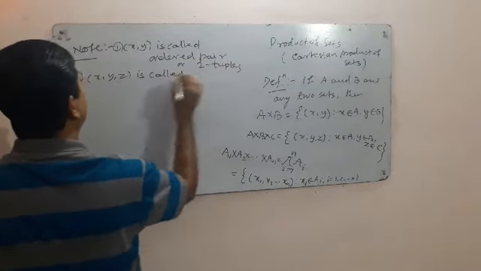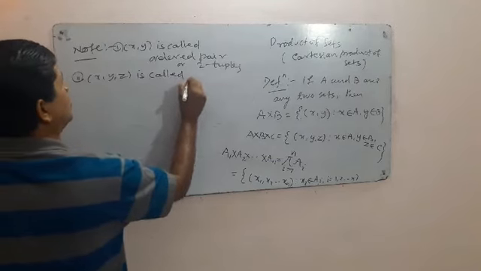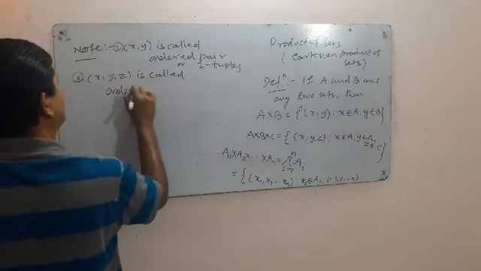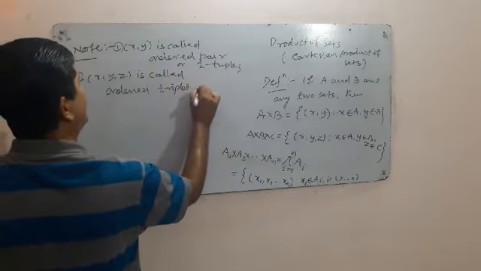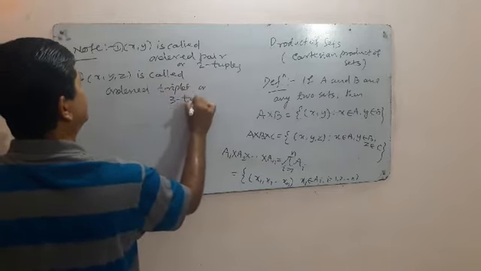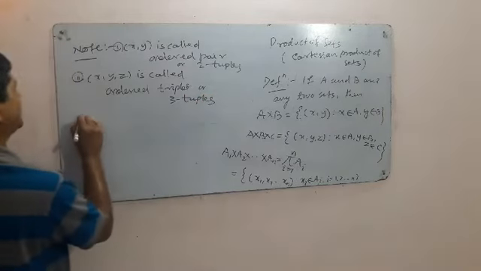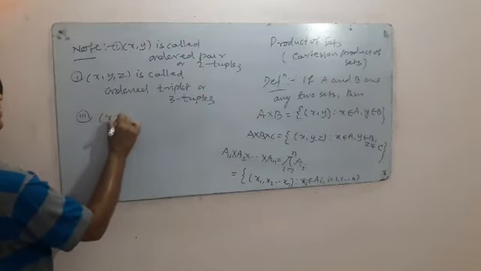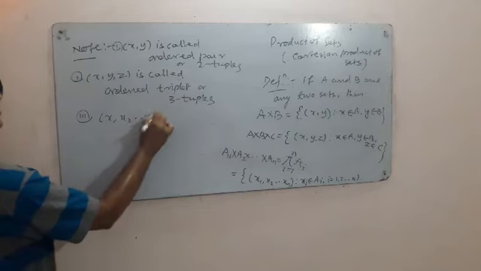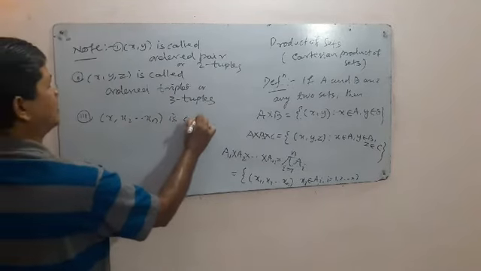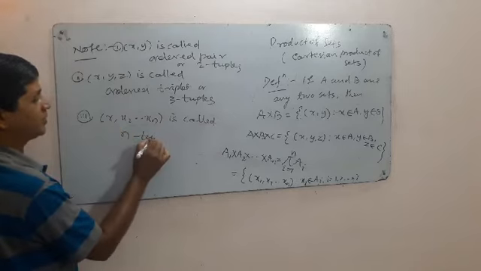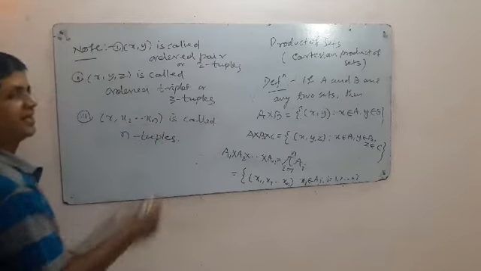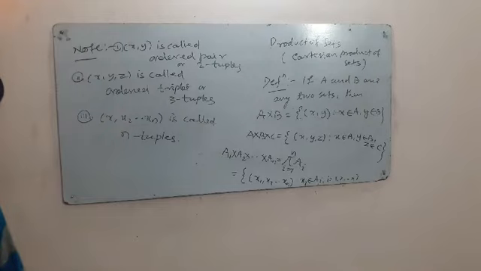Second bit, (x, y, z) is called an ordered triplet or three tuples. Third bit, (x1, x2, ..., xn) is called n tuples, because it contains n components. So it is called n tuples, right?